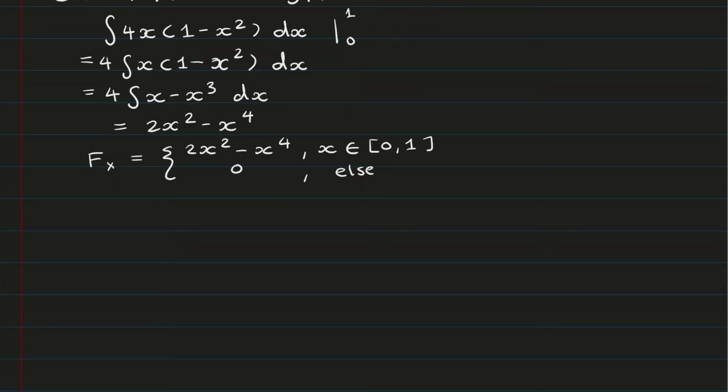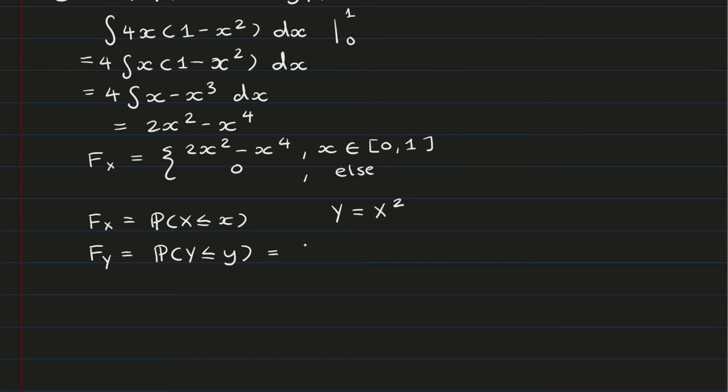We now know that F of x is equal to the probability that X is less than or equal to little x, which is just a real number. We know that F of y is equal to the probability that Y is less than or equal to little y. And since the transformation variable we have is Y equal to X squared, we can substitute Y for X squared.